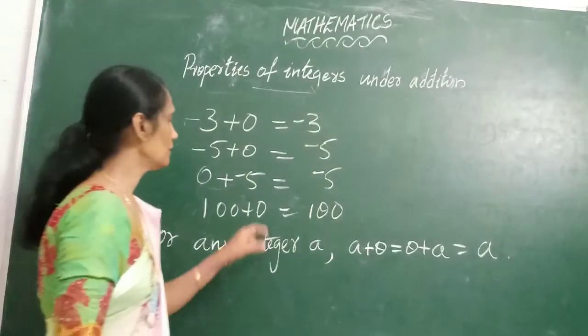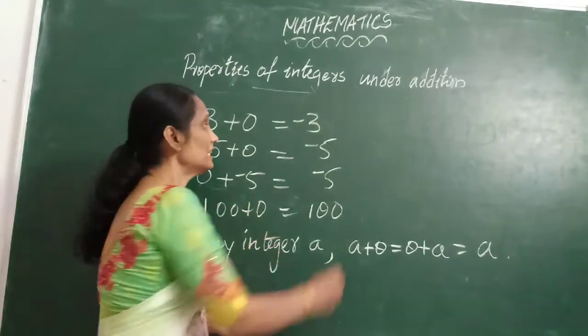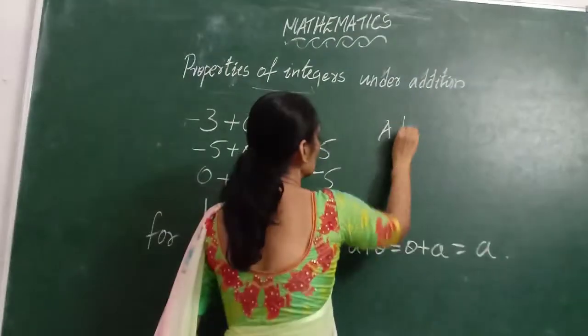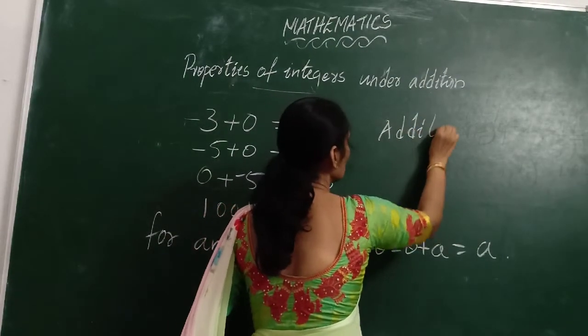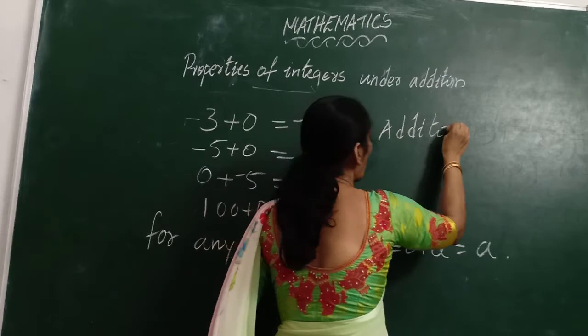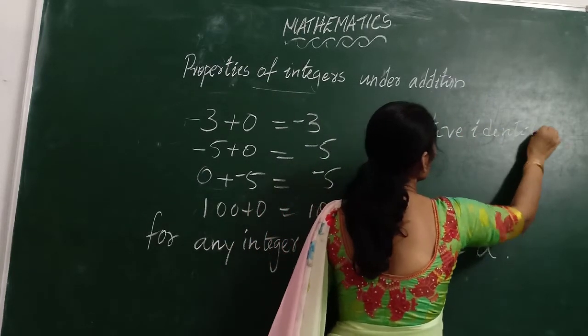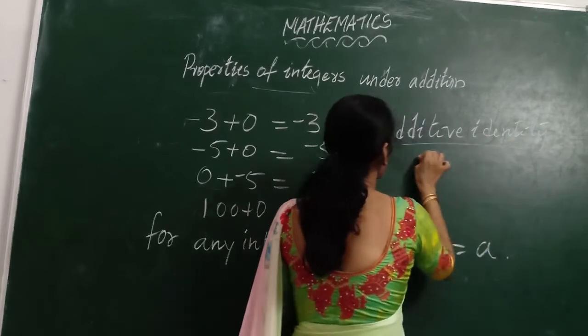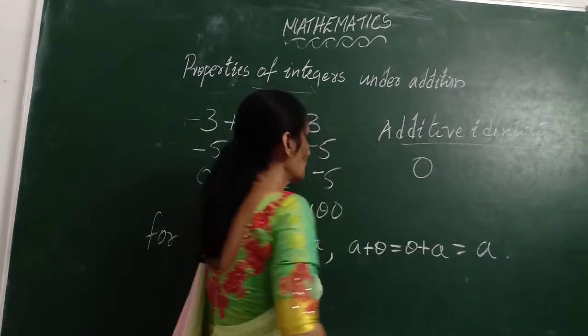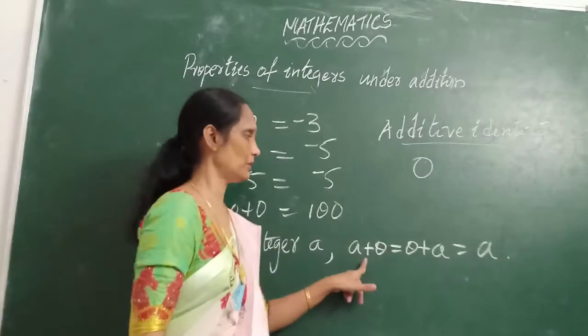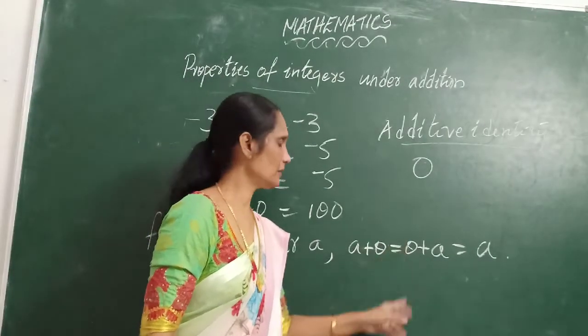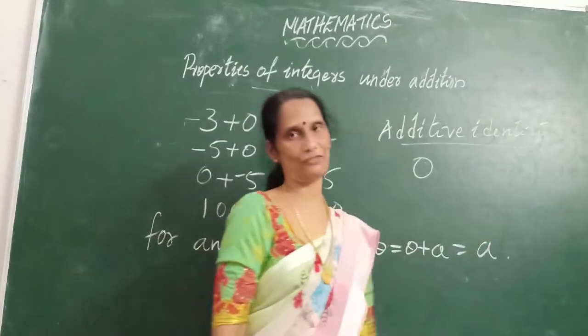So we call 0 as the additive identity. Additive identity. What is 0 known as? Additive identity. Why is it known as additive identity? When we add 0 to the number, we get the same number itself.